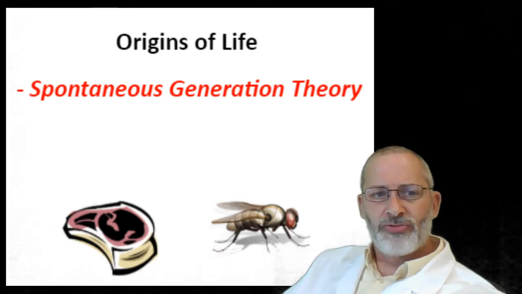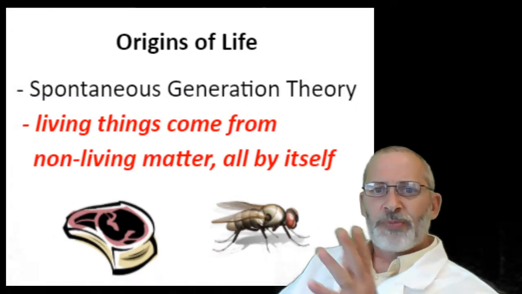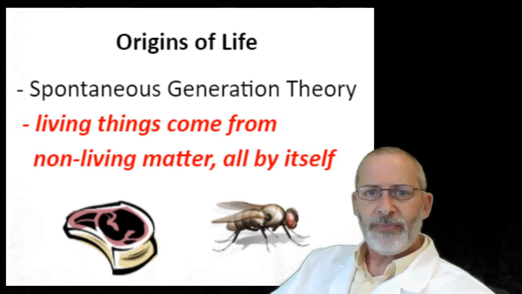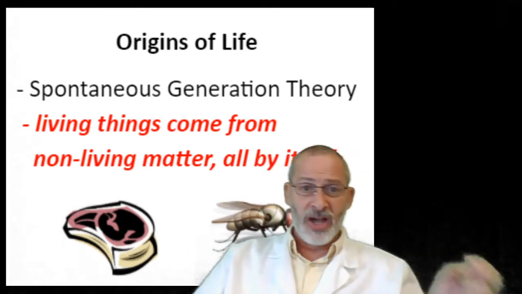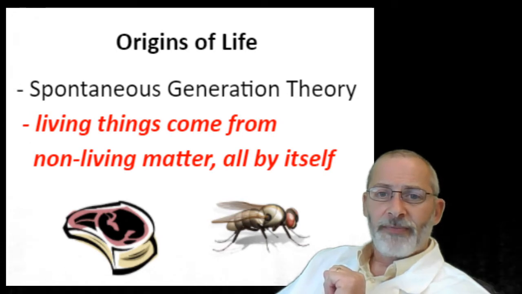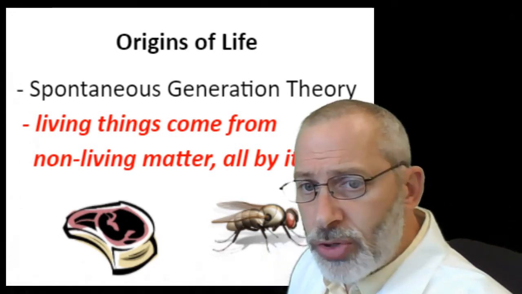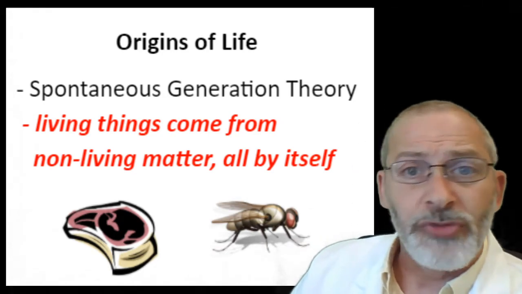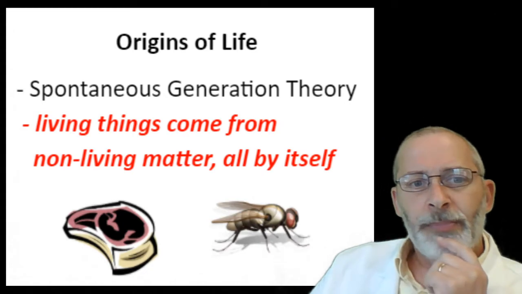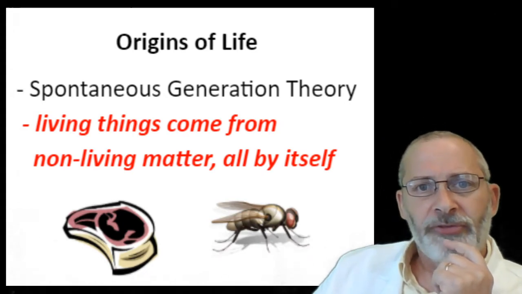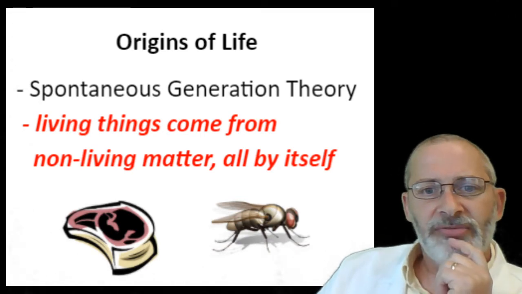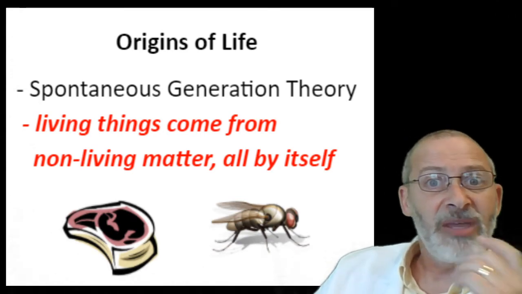In fact, we could write that down here, that the spontaneous generation theory suggests that living things come from non-living matter all by itself. So unlike you folks who answered the question, where do flies come from? And you said, other flies. There was a day when people thought flies came from, well, dead stuff, decomposing stuff, unliving stuff, non-living matter.